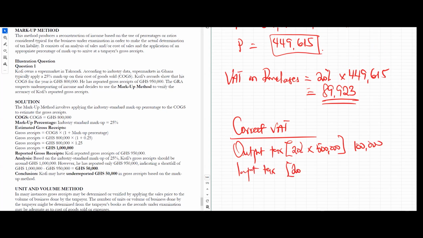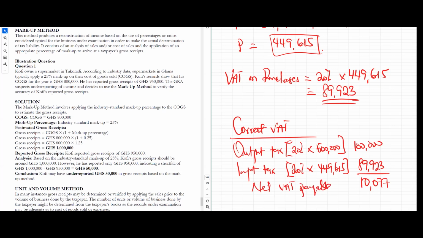That's 20% of the 449,615, which is 89,923. So what's the VAT that he should pay? 10,077. So there is the net VAT payable. Are you getting it?